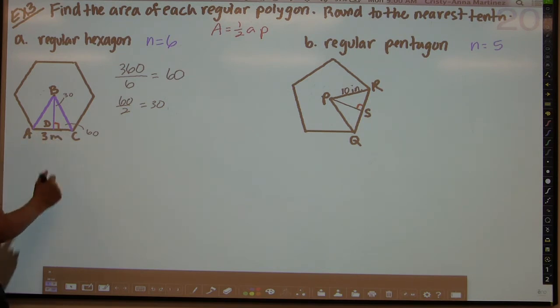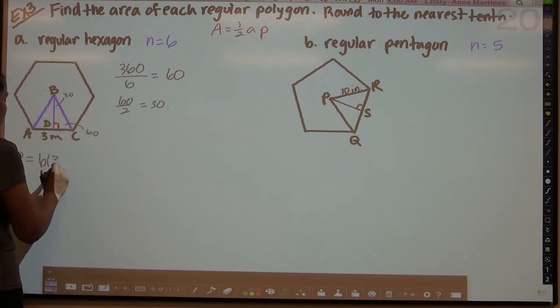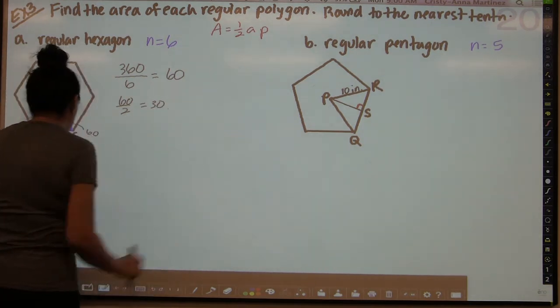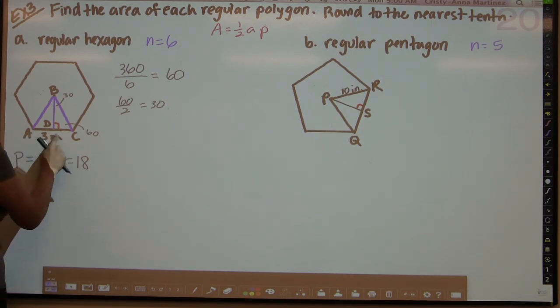So I know my perimeter is going to be the number of sides, which is 6, times 3. So my perimeter is 18. I can plug the 18 into my formula. I need the apothem. So now to get the apothem, which is right here, I know that if this side length is 3 meters, it means that half of it is 1.5. All right?